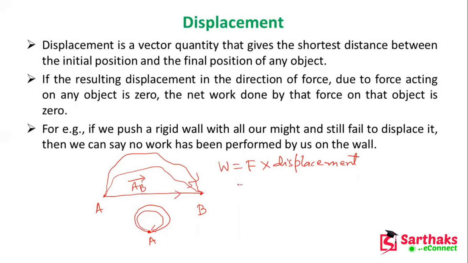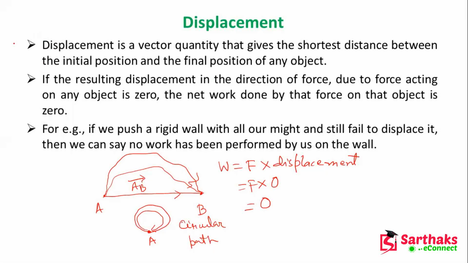What is the displacement? The displacement is 0, because displacement means from initial and final position there should be some value, magnitude as well as direction. So for the circular path the displacement is 0, and at that time work done equals 0, right?